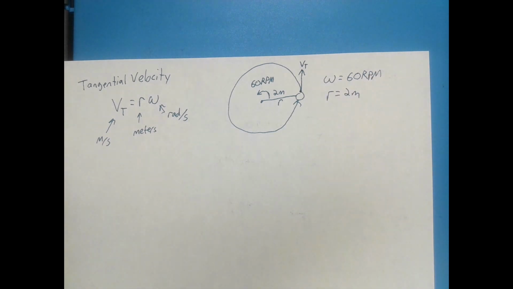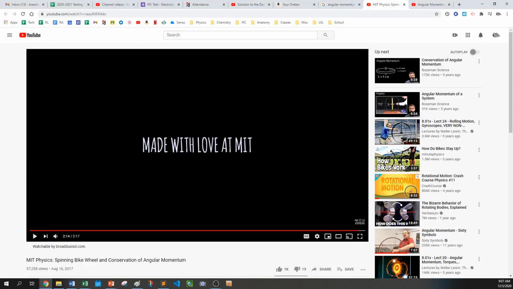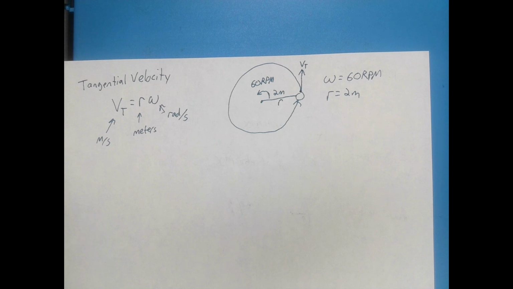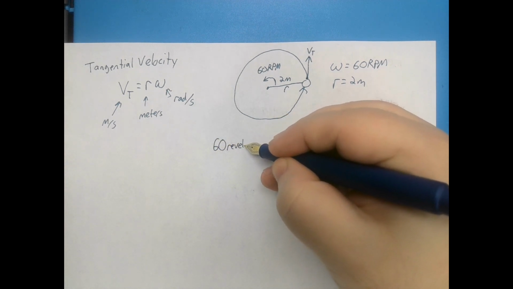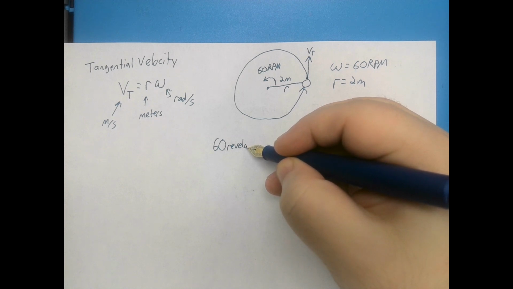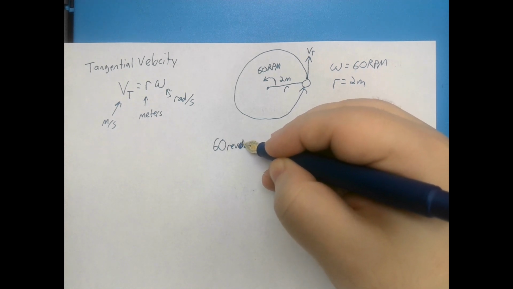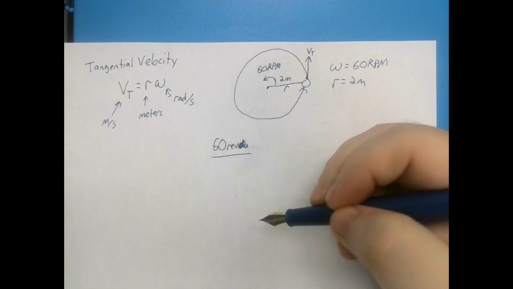To calculate the tangential velocity, we need to first convert this into radians per second. So, 60 revolutions per 1 minute.